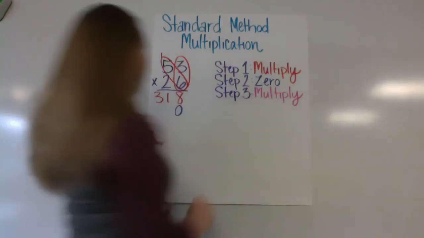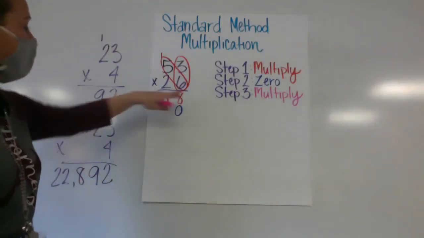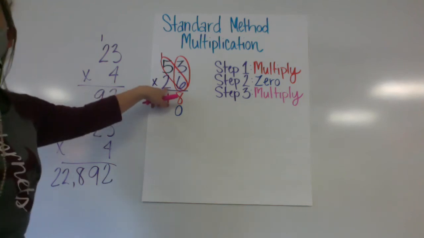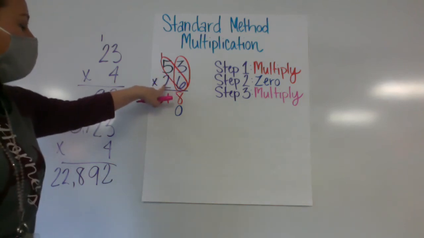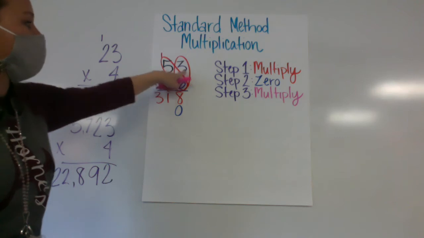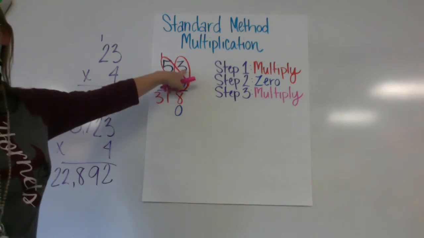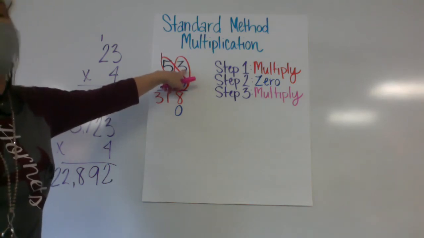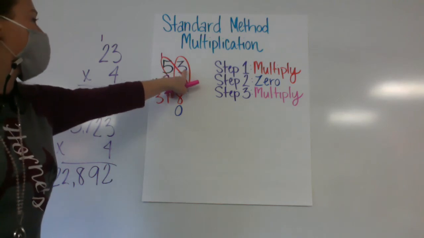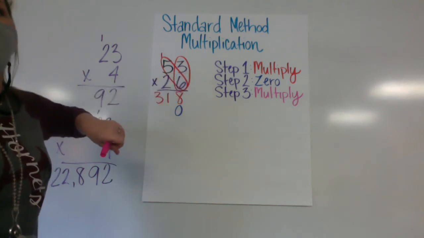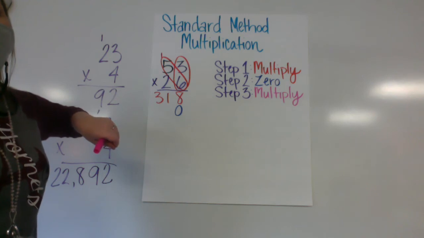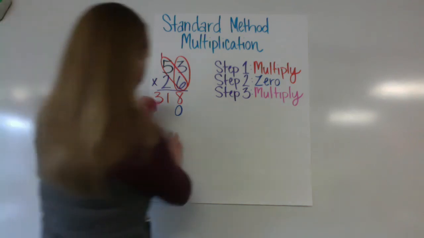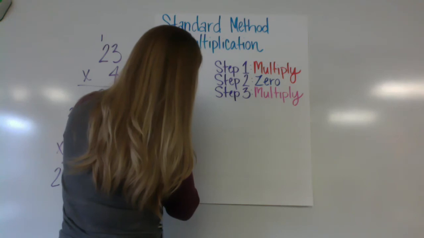You're so smart. All right, yes, we're going to multiply the tens place. So for the tens place, I have a 2. So I'm going to do the same thing. 2 times 3 equals what, Owen? It's 2 times 3. 2 times 3 equals 6. So I'm going to go ahead and write my 6 right here.